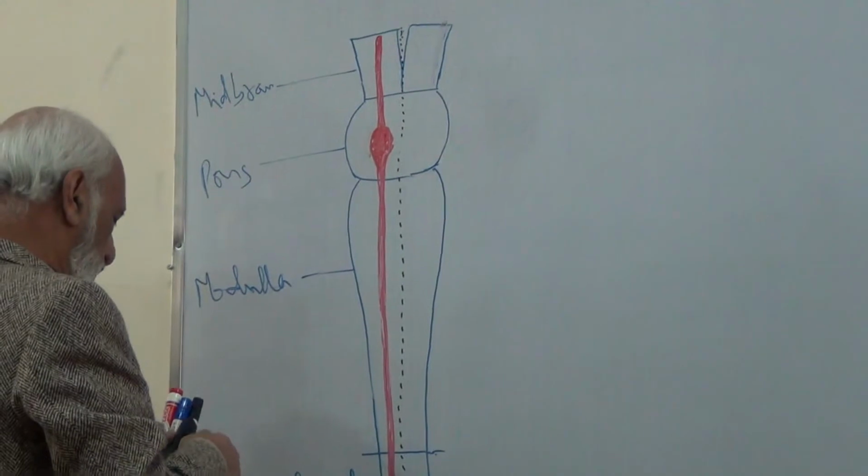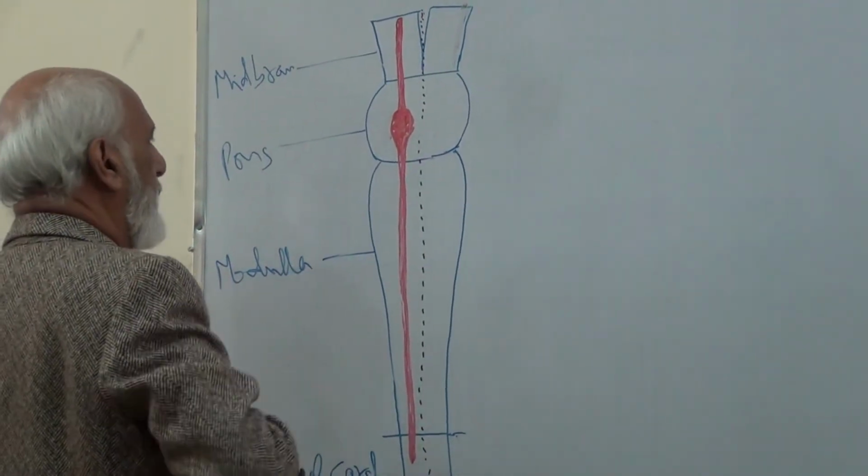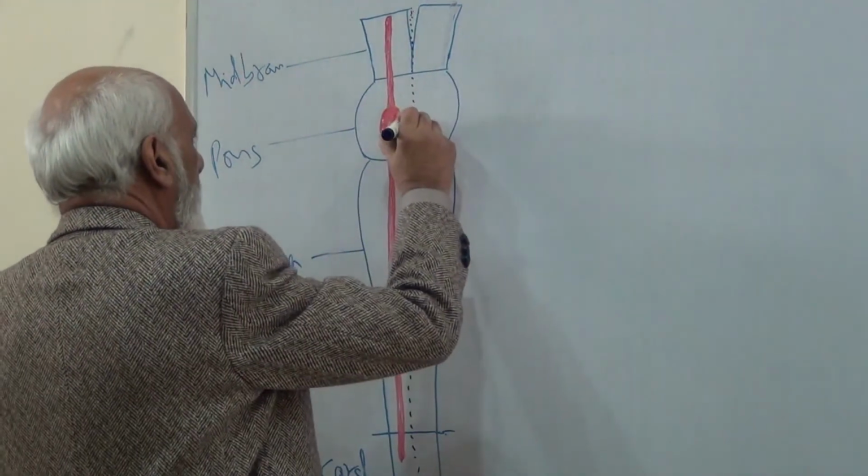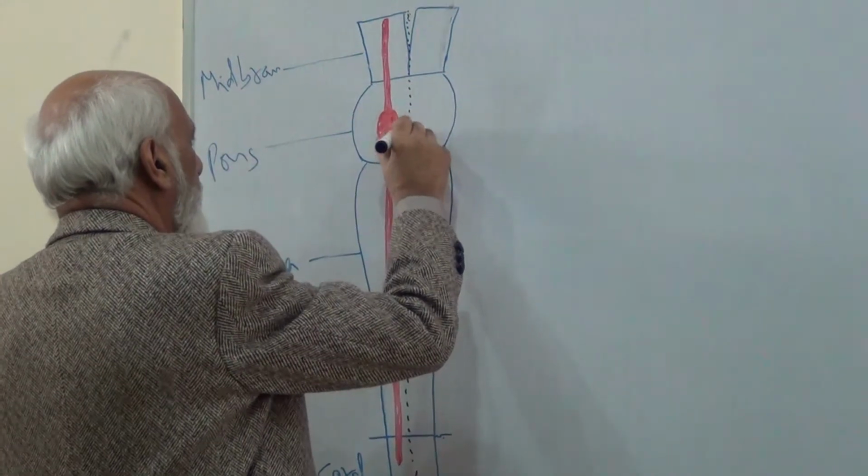This is the motor nucleus of the trigeminal nerve also. The motor nucleus of the trigeminal nerve is located only in the pons.